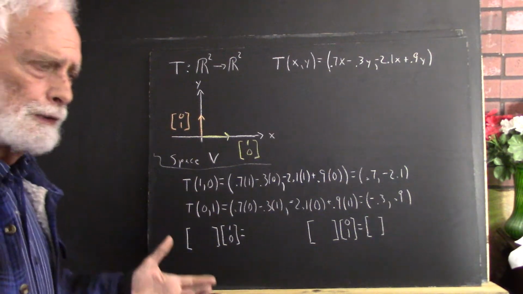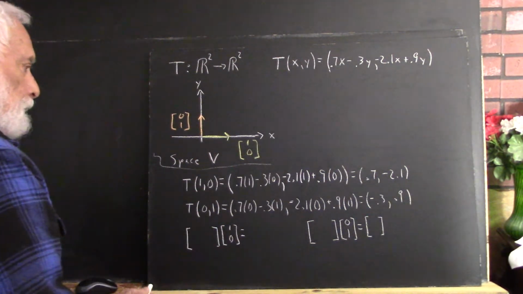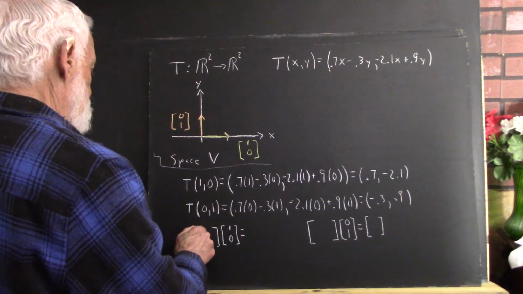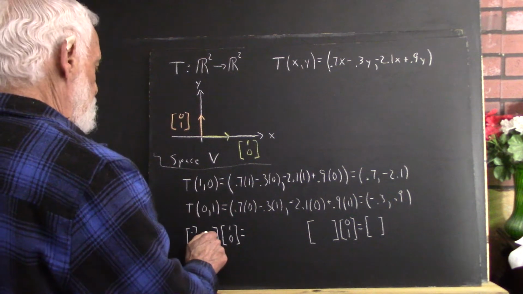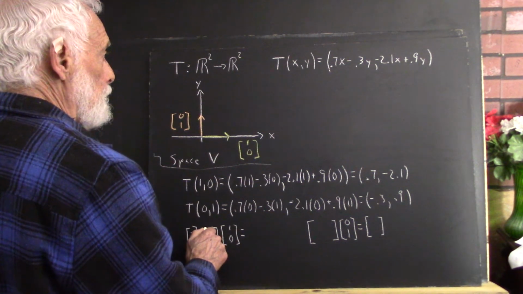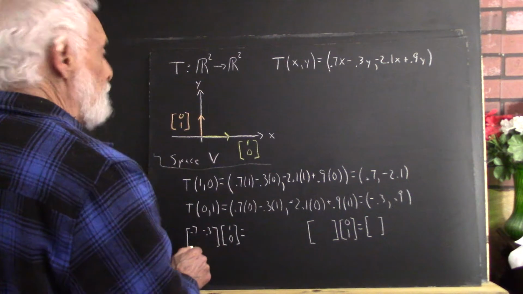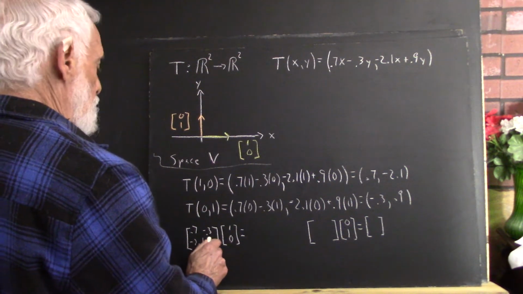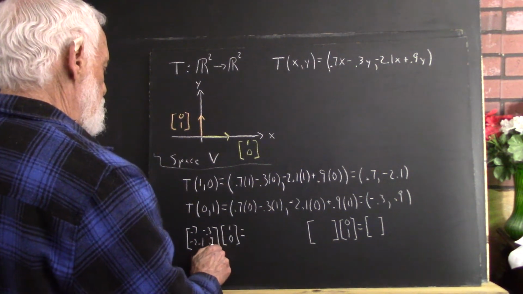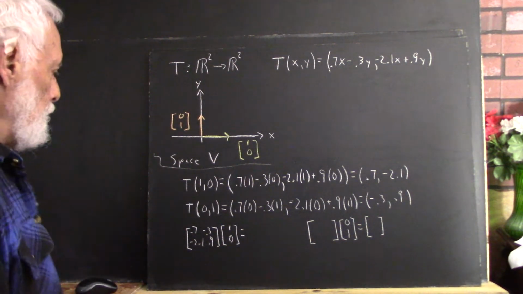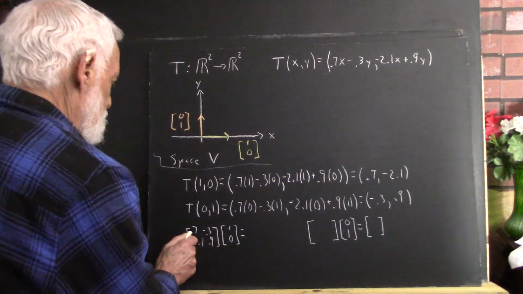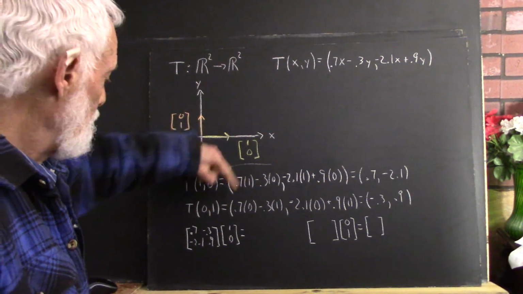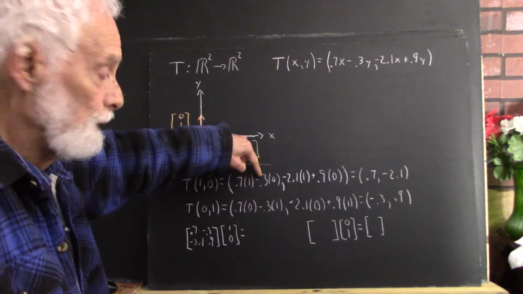This transformation can also be represented by a matrix. Okay, if we put our 0.7 here and our negative 0.3 here, and our negative 2.1 here, and our 0.9 here, you can see that we get 0.7 times 1, and a negative 0.3 times 0.